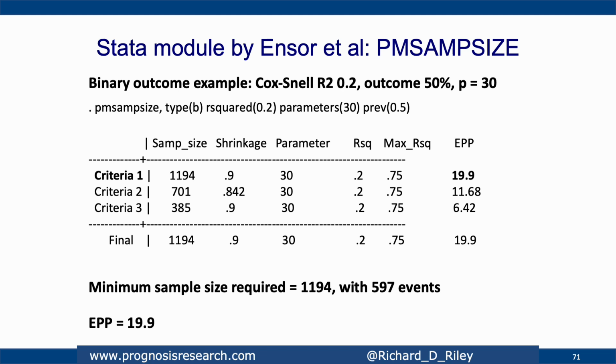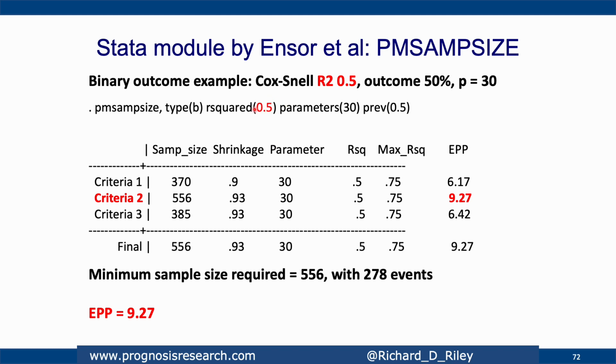Here's just a very quick example, a binary outcome situation. We believed in advance that the R squared would be 0.2 on the Cox-Snell scale, that the average risk in the population would be 50%. We're thinking of putting in 30 predictor parameters. So this is the code for pmsampsize, and there are 3 criteria that it examines, and the largest sample size from these 3 criteria gives us a sample size needed of about 1,200 in this particular example, so about 600 events, about 20 events per predictor parameter.